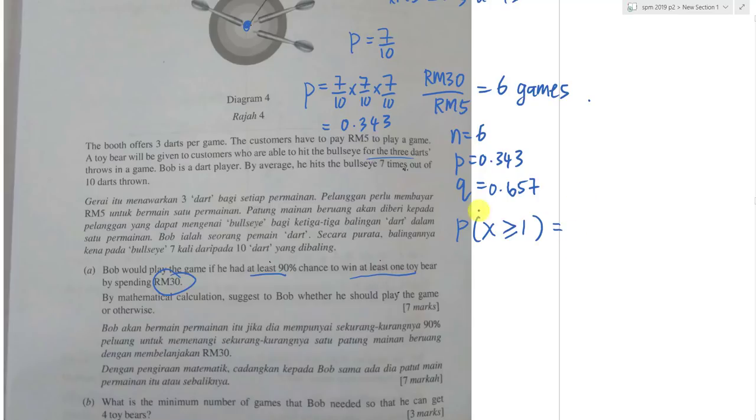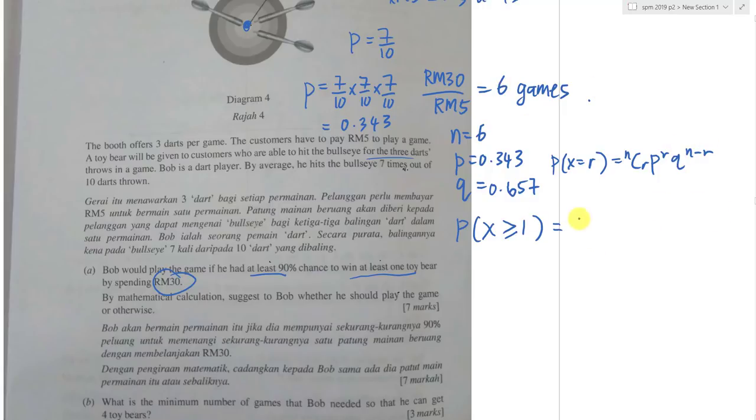Okay, so you should know the formula for probability X equals to r, right? Basically it's nCr p^r q^(n-r). So I'm going to use this formula here. But this is an inequality, and this formula is for equal, right? So what I understand is when X is more than or equal to 1, I have 1, 2, 3, 4, 5, 6, plus until n. But he can only play 6 games, right?